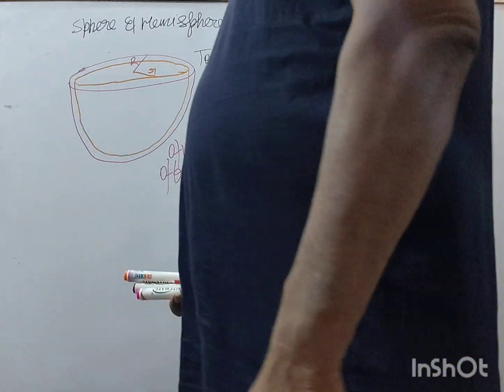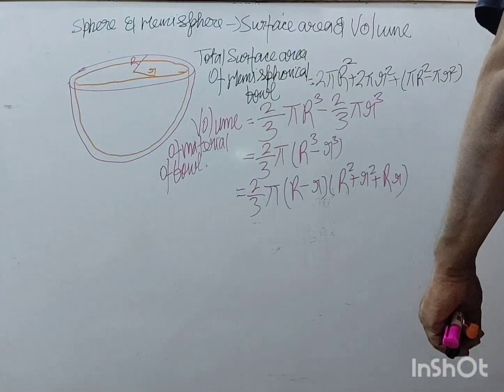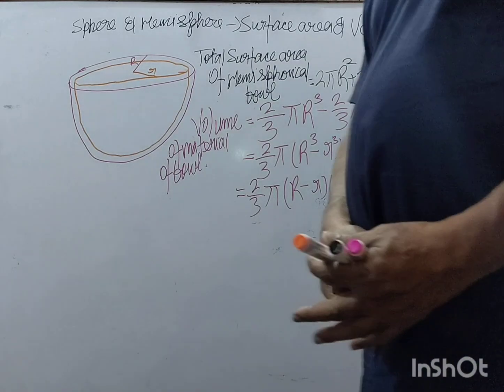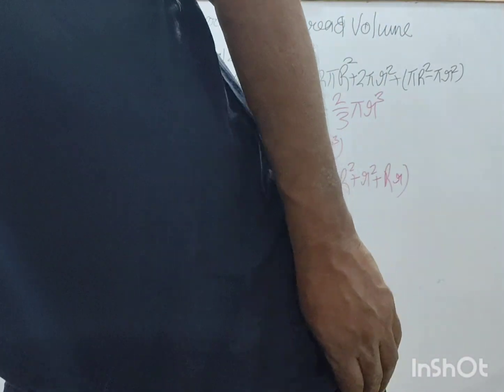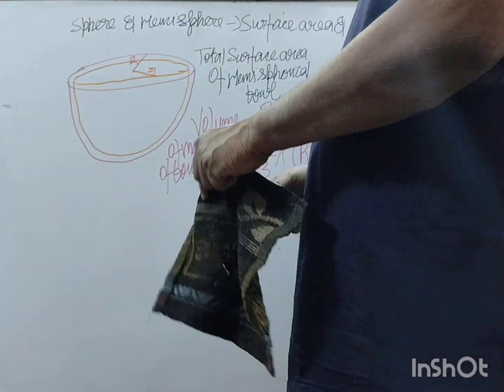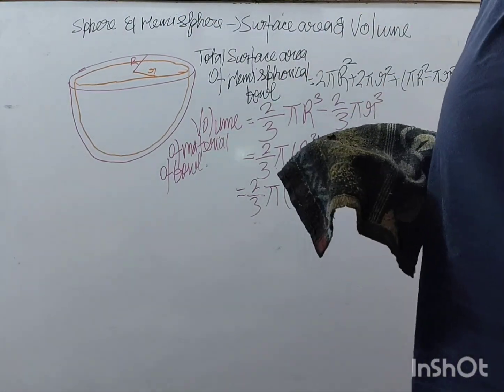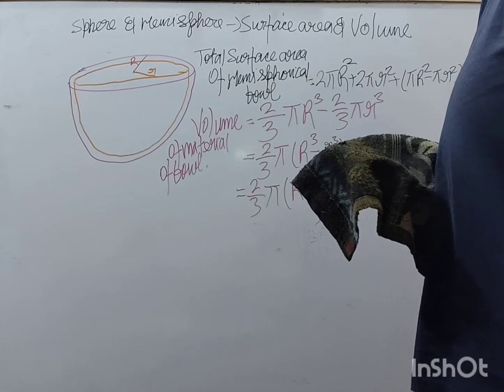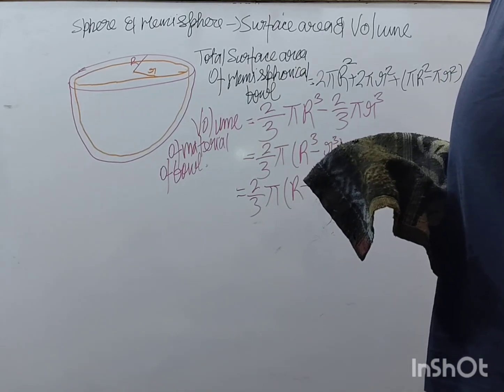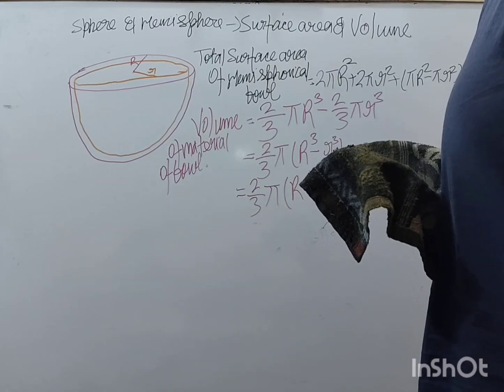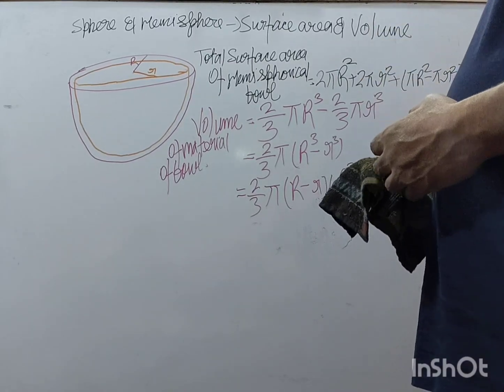What is your question? Hemisphere bowl. A hemisphere bowl has radius 3.5 centimeter. What would be the volume of water it would contain?